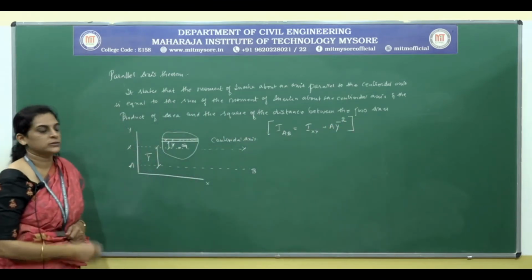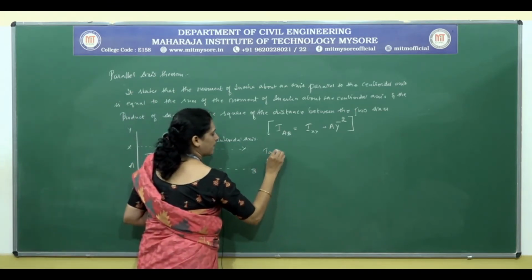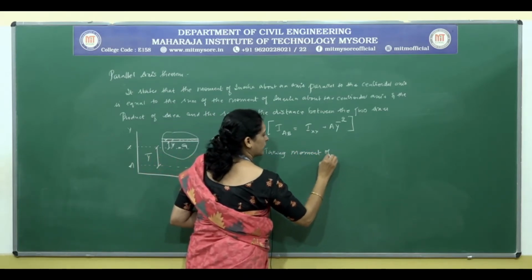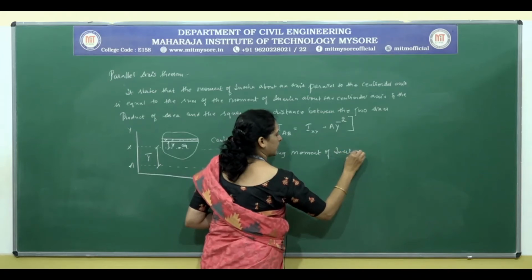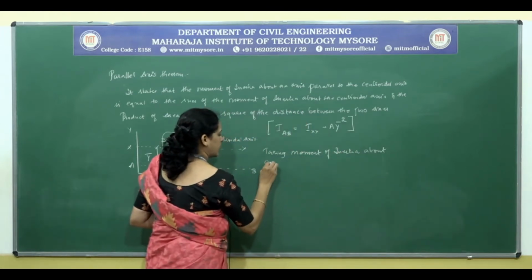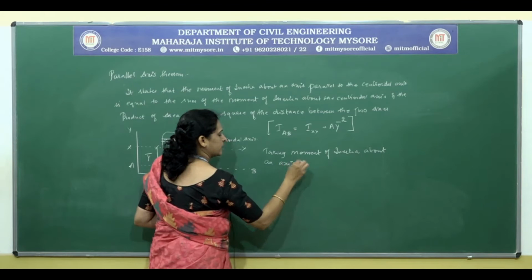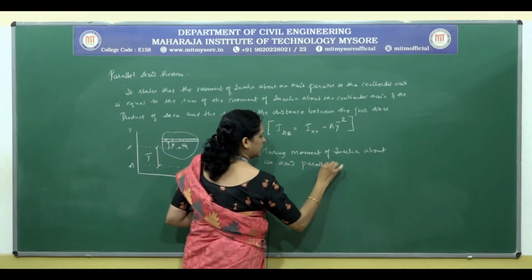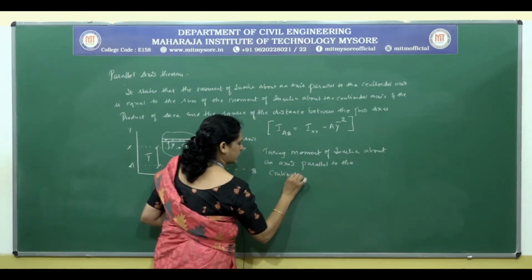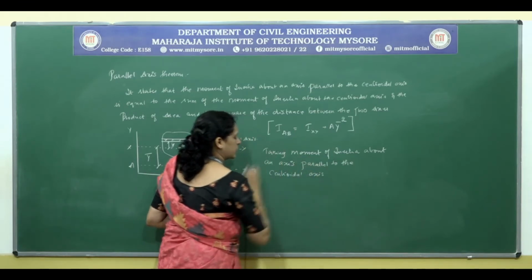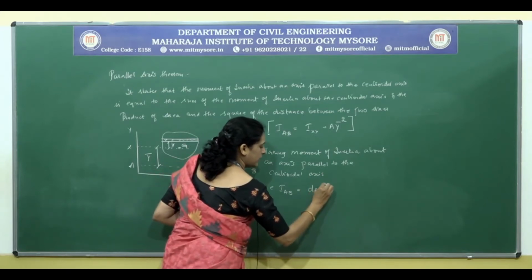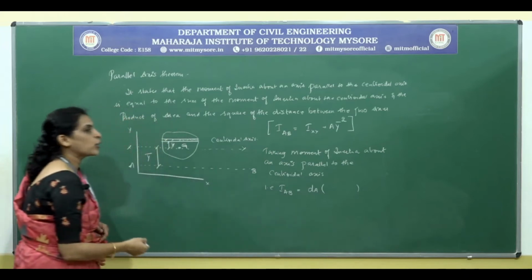So how do we prove that? Taking the moment of inertia about an axis parallel to the centroidal axis, that is IAB is equal to area into the square of the distance.